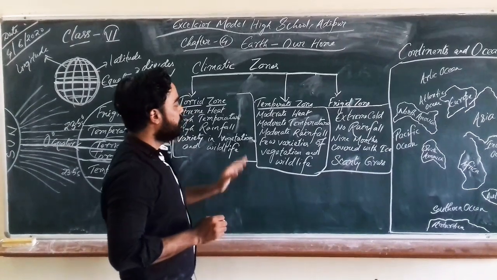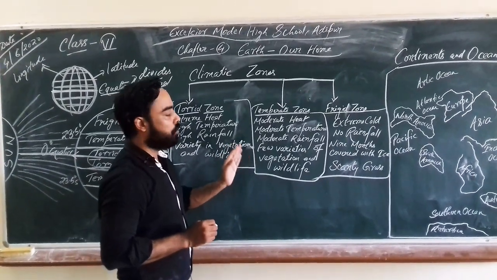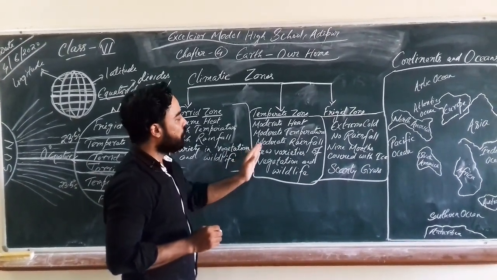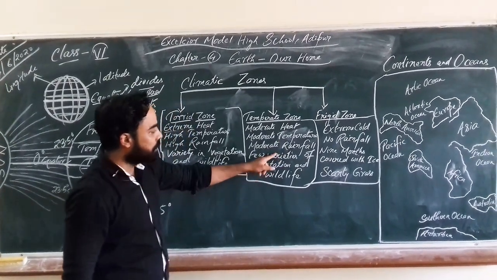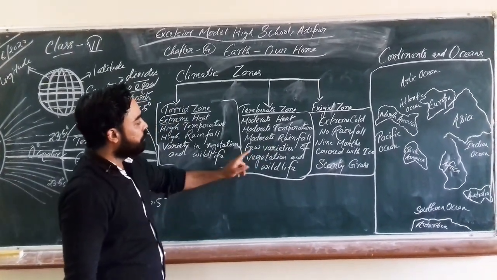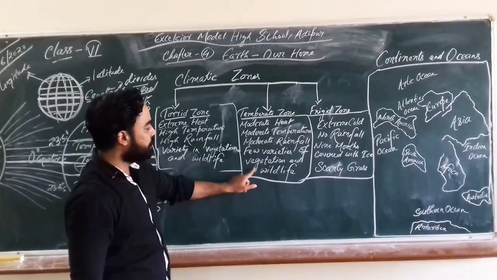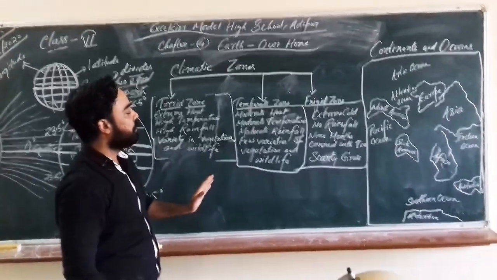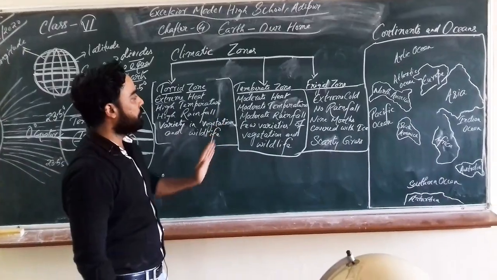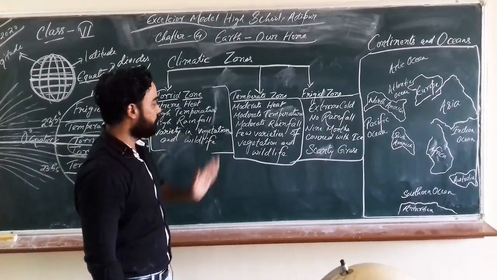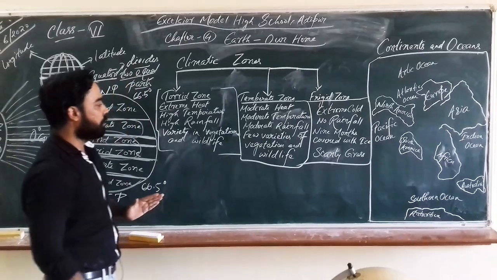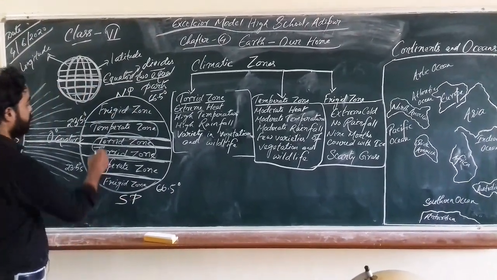That means this area is neither cold nor too hot, having moderate temperature, moderate rainfall. Few varieties of vegetation and wildlife can be seen in those parts of the earth which fall in the temperate zone.